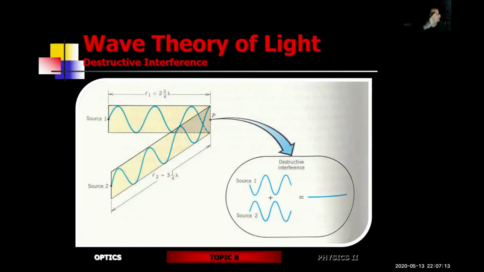The particles are just going to vibrate up and down. They're not going to get pushed in the direction of the motion of the wave. So as far as Newton is concerned, waves cannot transfer momentum. Only the particles do. And on that basis, he thought that the light would be a particle, not a wave.